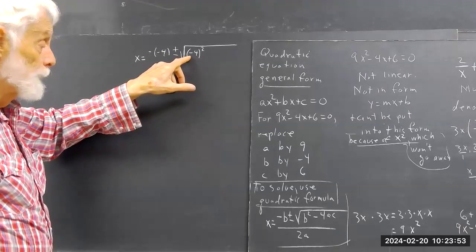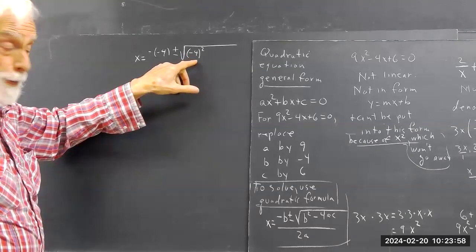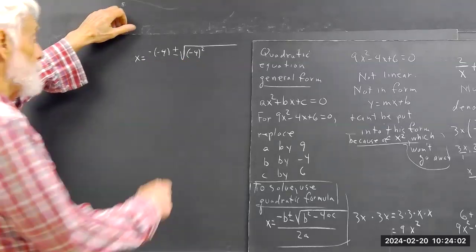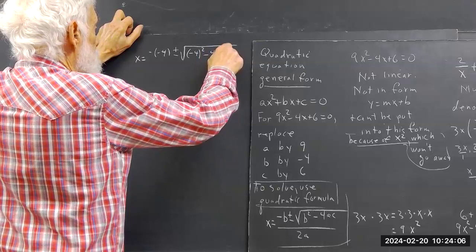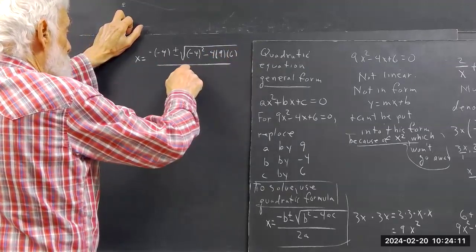Without the parentheses, the negative isn't part of the square, only the 4 gets squared, and then you tack on the negative. So you have to be careful about that. You want to write that in parentheses. And then minus 4ac, that's minus 4 times 9 times 6. I think most people have most of that.